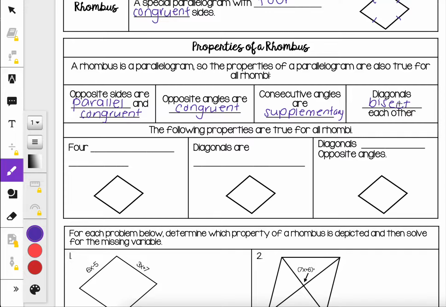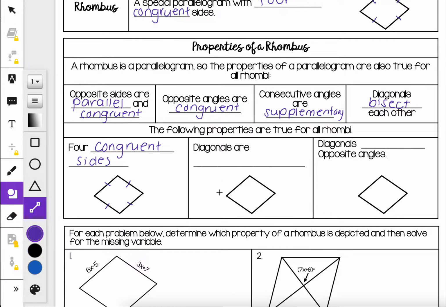Now, the following 3 properties are specifically just true for a rhombus. So, like we said, we have 4 congruent sides. And the diagonals, we're going to have 2 properties about diagonals.